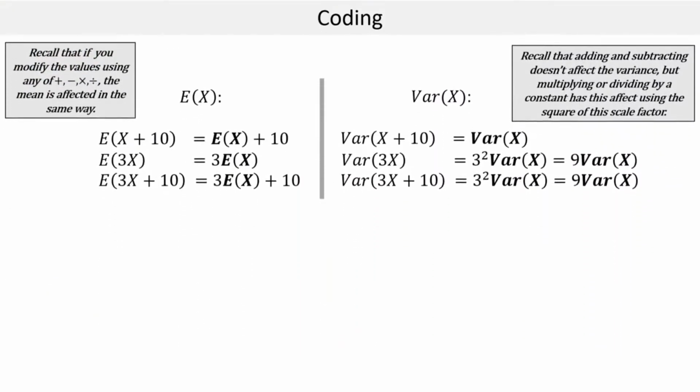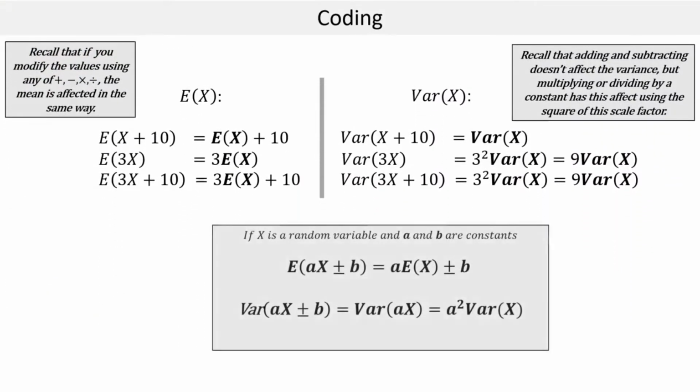I can generalize that for you with these two formulae. If x is a random variable and a and b are constants, the expectation of ax plus b is going to equal a expectation of x plus b. When working with the expectation, we consider anything that's multiplying or dividing x and anything that's being added or subtracted to x.